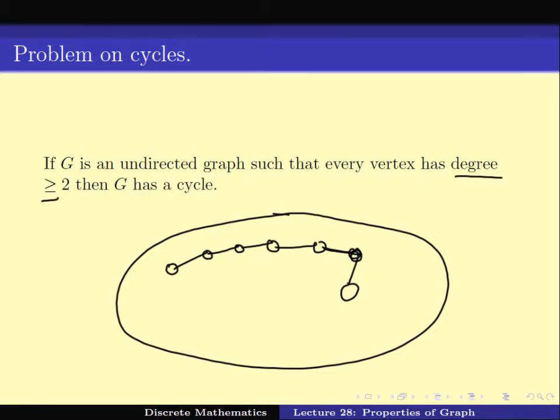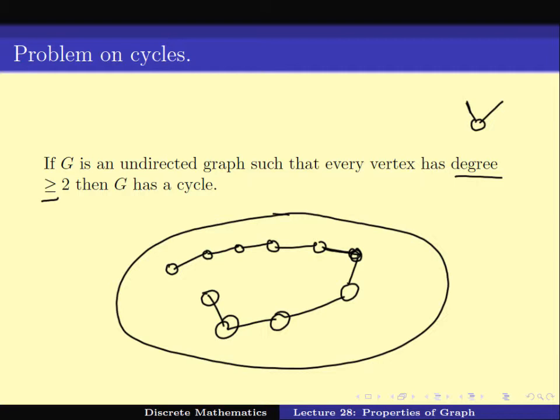Because of the degree 2 case, every vertex has 2 edges adjacent to it. So I start from a vertex and keep on walking. I enter a vertex from an edge and leave the vertex through the other edge. Now, I cannot keep on going infinitely, right?